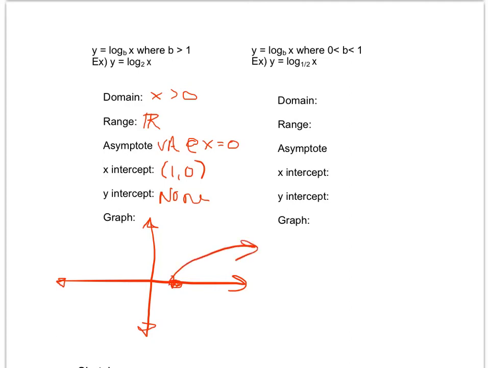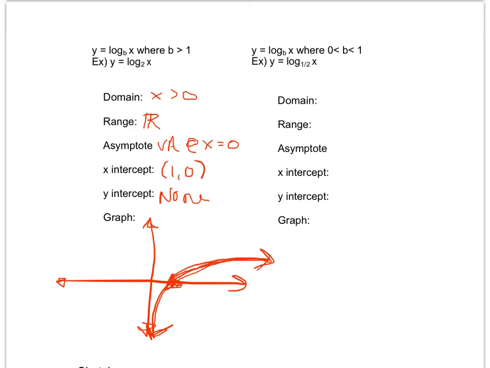I do look something like this. And of course, all my shifting rules do pertain to my logarithmic function. And then, let's see, I kind of made this a little messy. There we go, that looks a little better.